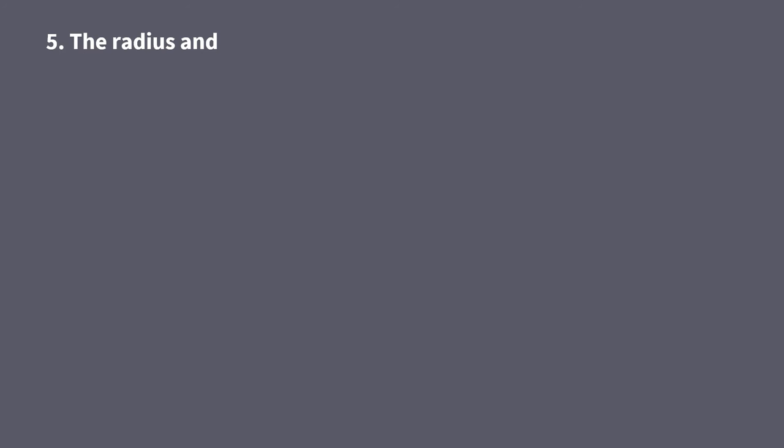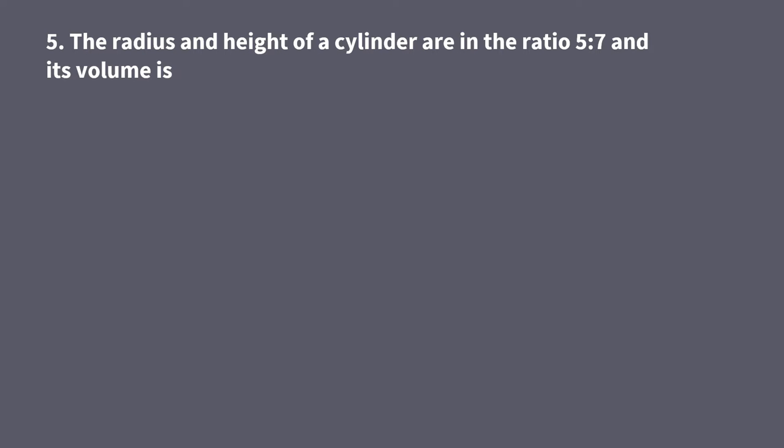Our question is, the radius and height of a cylinder are in the ratio 5:7 and its volume is 550 centimeter cube. Find its radius. Beta, here radius and height are given to be in the ratio 5:7. So let radius be 5x centimeter.